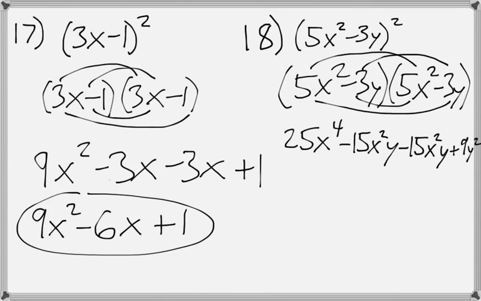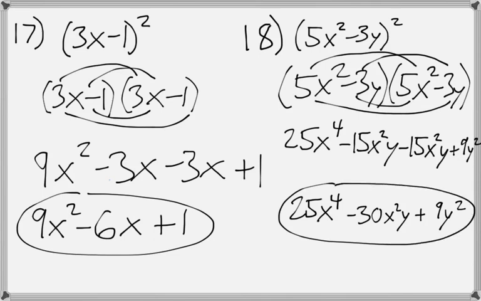So then if I combine it, it's going to be 25x to the 4th minus 30x squared y plus 9y squared. And that'll be our answer.